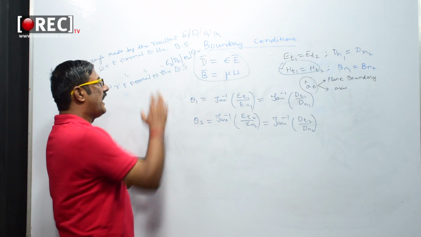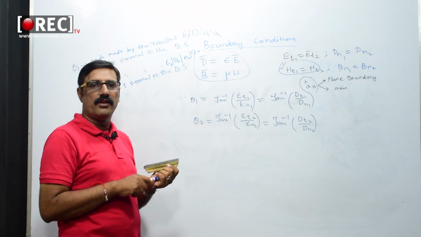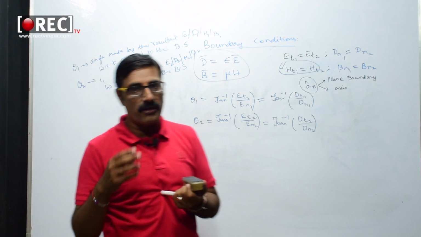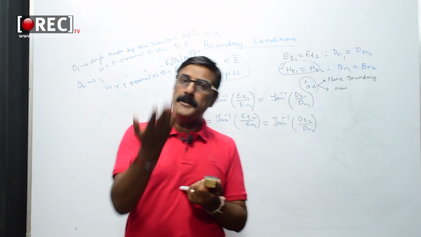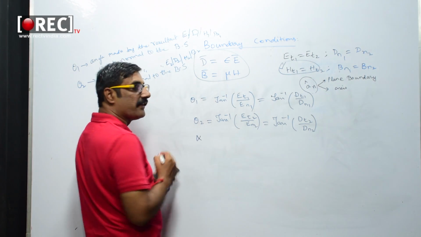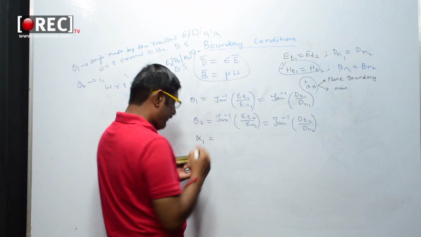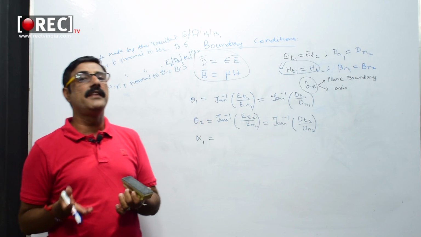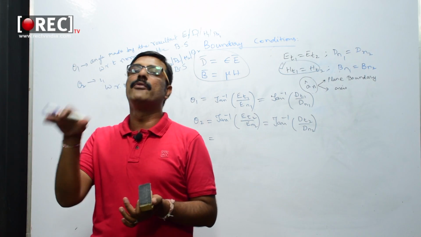Now, if I want the angle with respect to the boundary surface, so in the question, if they are asking you to determine the angle with respect to the boundary surface itself, then let us represent it as alpha 1. What is alpha 1? Alpha 1 is the angle made by the resultant field with respect to the boundary surface.